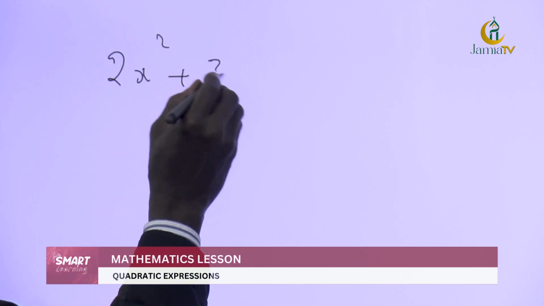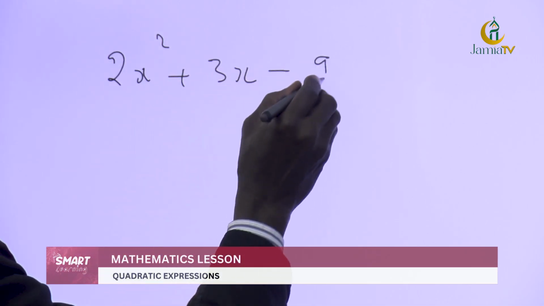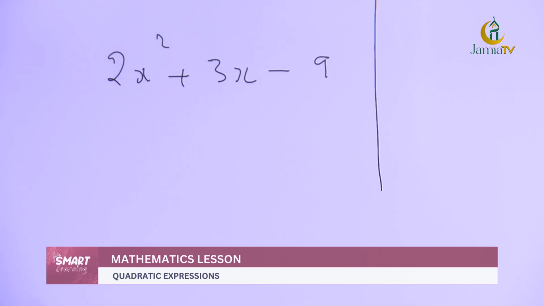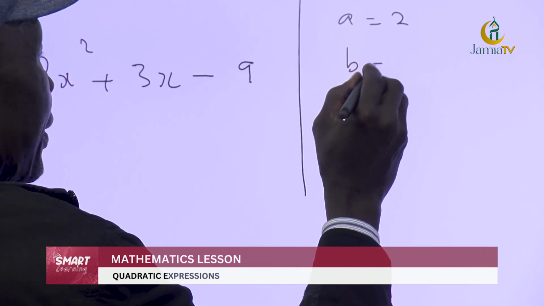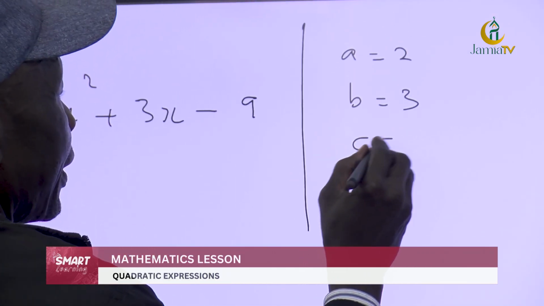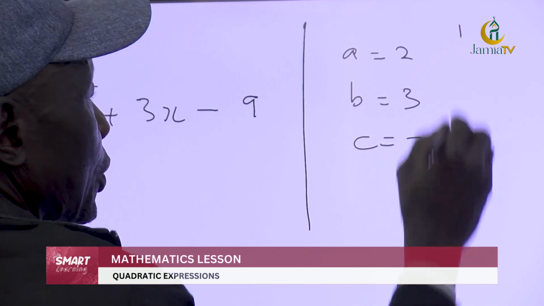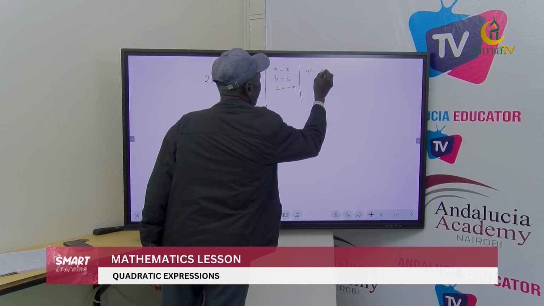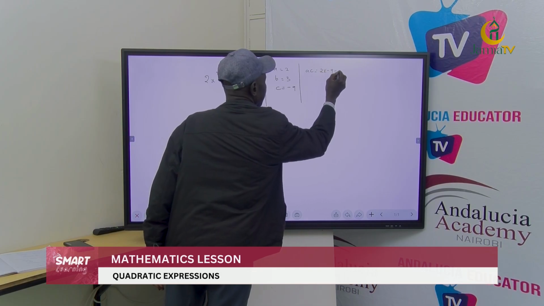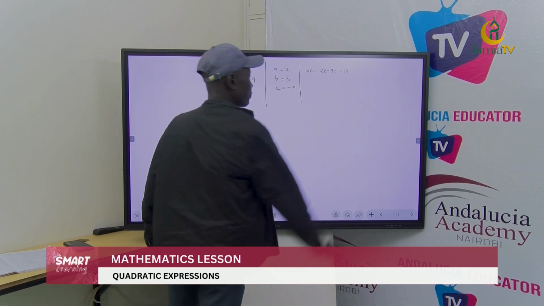Let us identify our a, b, and c. Our a is 2, b is 3, and c is negative 9. So our AC is going to be equal to 2 times negative 9, which is negative 18.